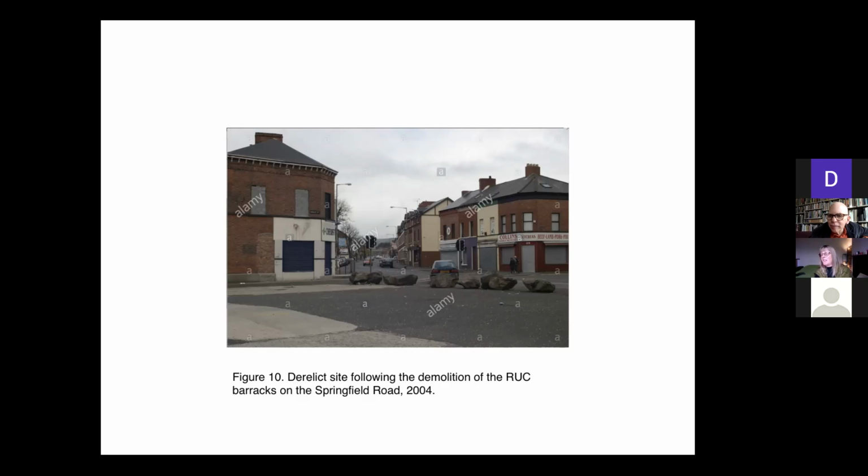The caretaker in Divis flats is a really interesting character to speak to if you ever get to go there. There were a few different caretakers, but the one I spoke to was fascinating. Noam Chomsky visited Divis flats, for example. I didn't know that.